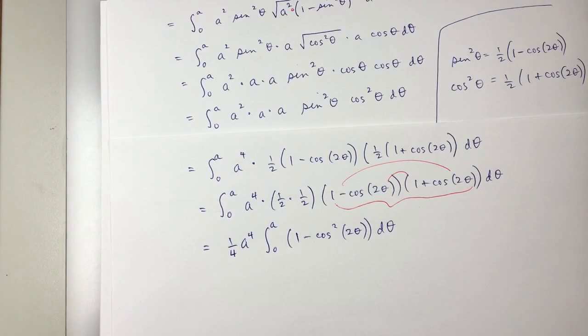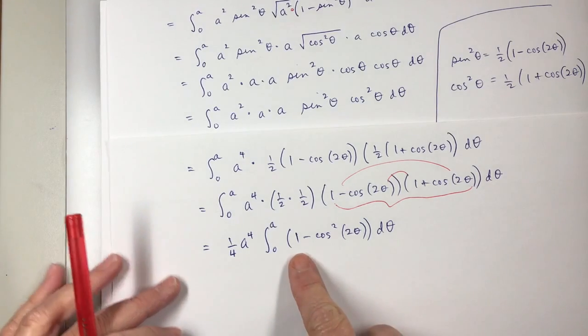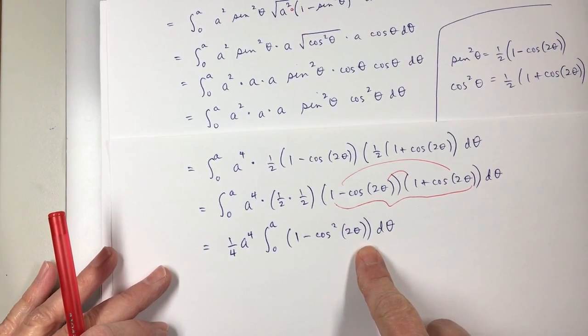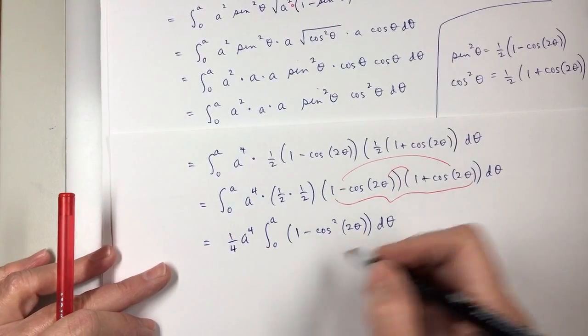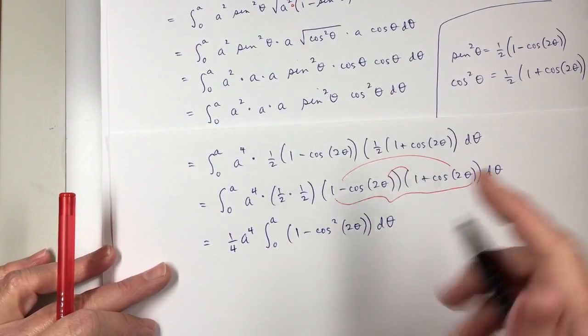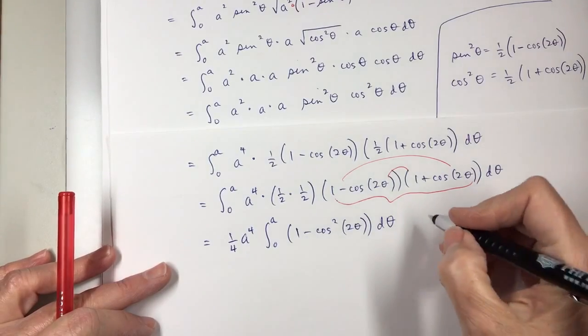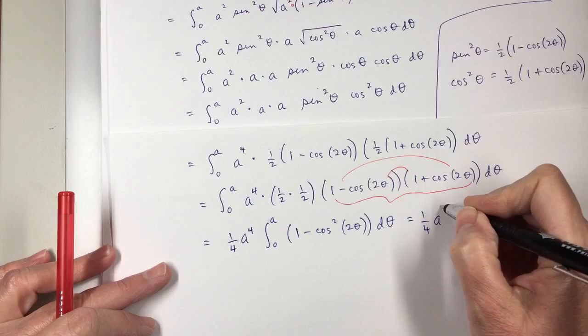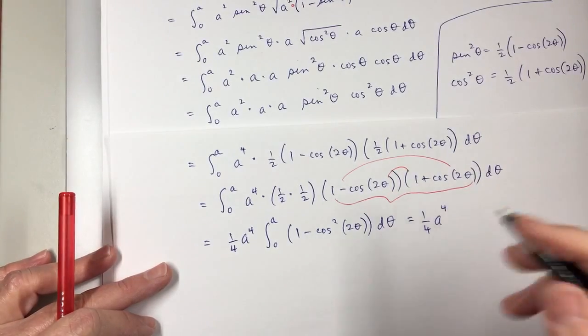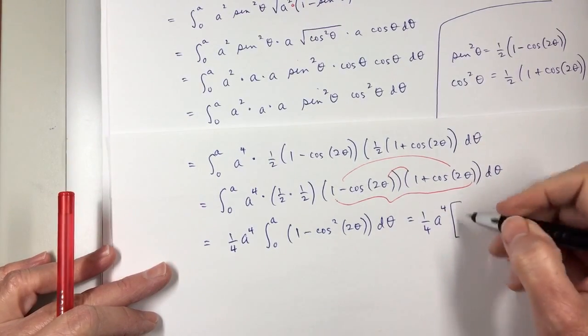Now I need that identity again. 1 minus cosine squared 2 theta. In fact, let me do this. I'm going to write this as 2 separate integrals. So I'll have 1/4 a to the 4th times this whole thing.